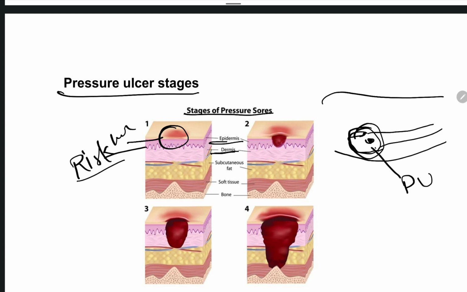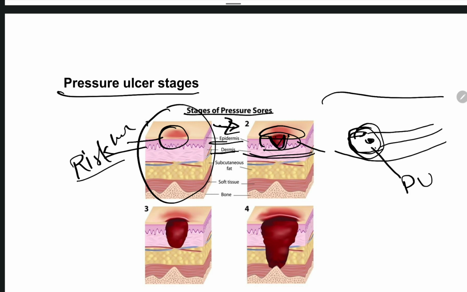And the second stage is where the epidermis and dermis are affected. After the first stage, it turns into the second stage when you are not treating the patient. In stage 2 it increases and goes deeper into the dermis layer.